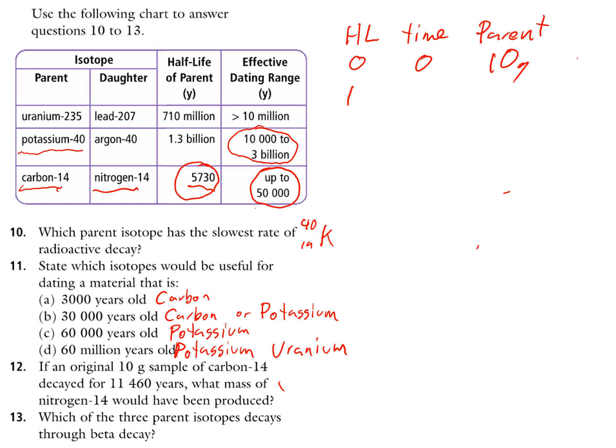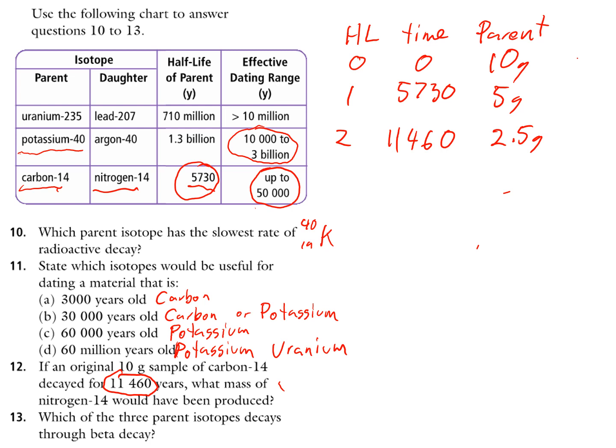After 1 half-life, the half-life of carbon-14 is 5,730 years, that'll decay down to half of it, 5 grams left. After 2 half-lives, it'll be 11,460 years, and we'll have 2.5 grams left. Now this 11,460 years happens to be our target number.